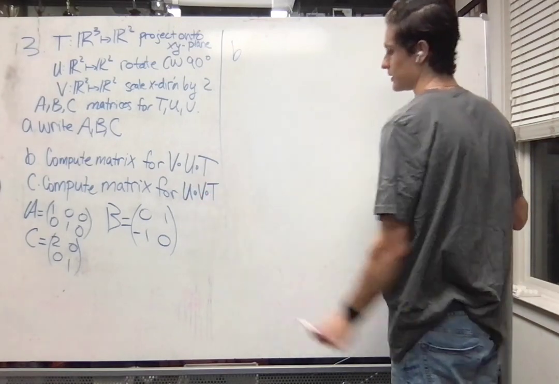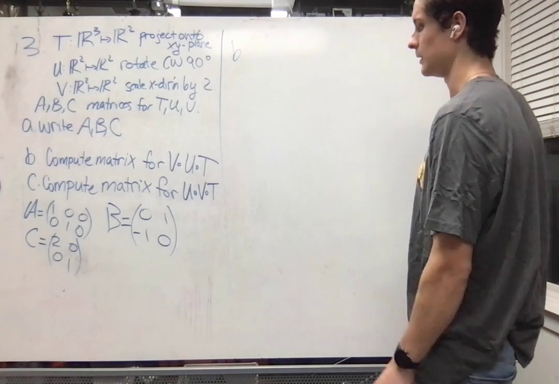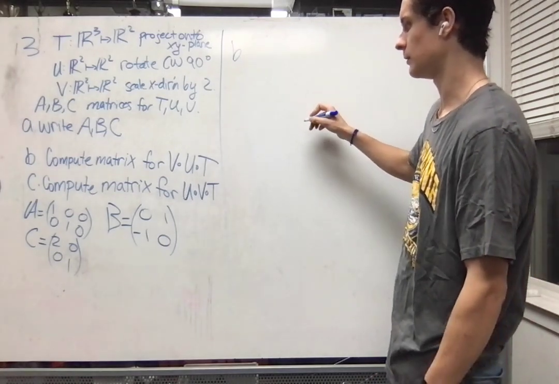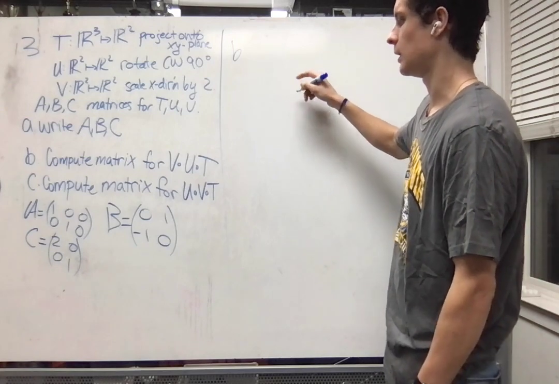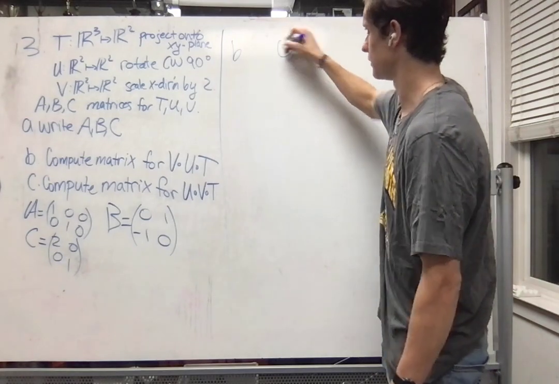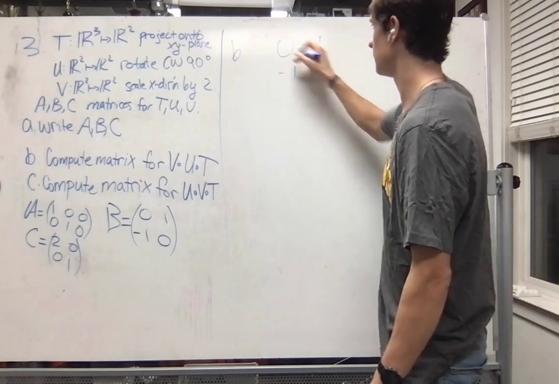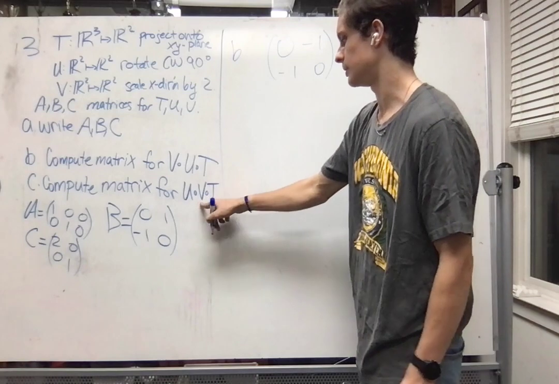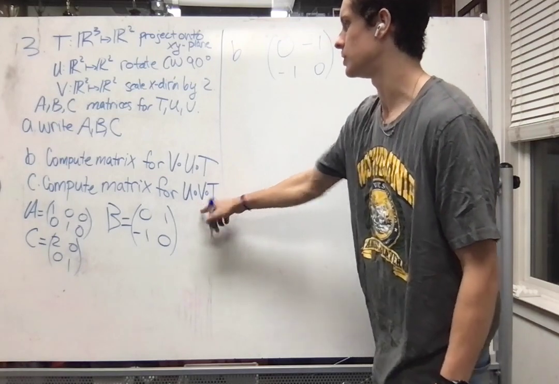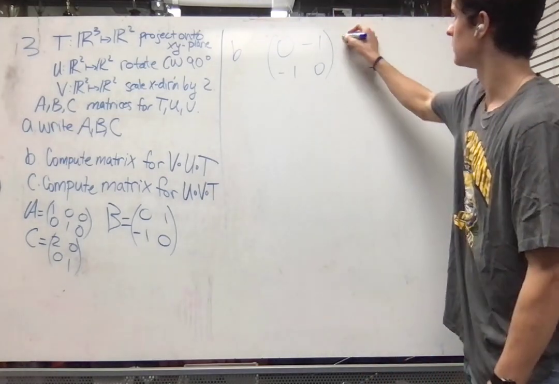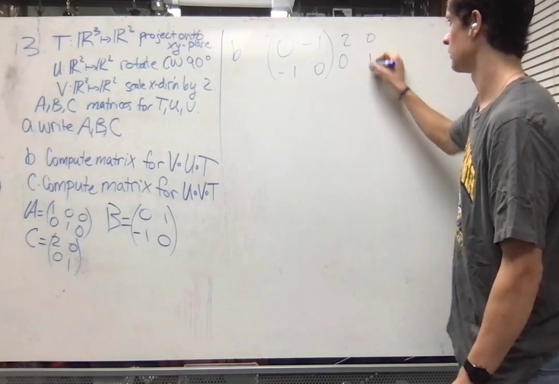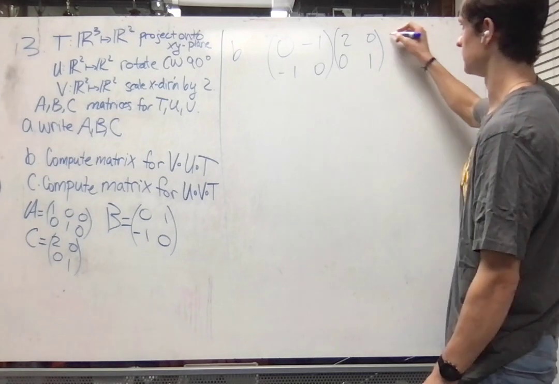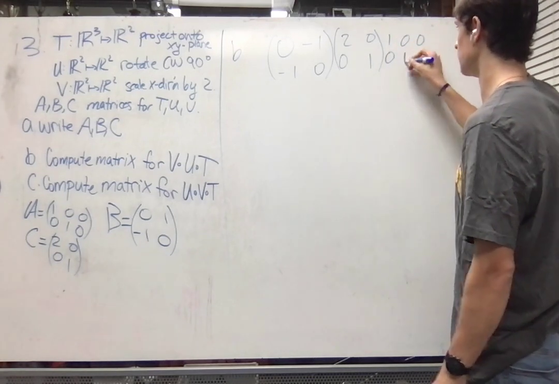So the standard matrix for U of V of T is going to be the matrix for U, which is B, so it's 0, -1, -1, 0. And then the matrix for V, which is C. And then finally the matrix for T, which is 1, 0, 0, 0, 1, 0.